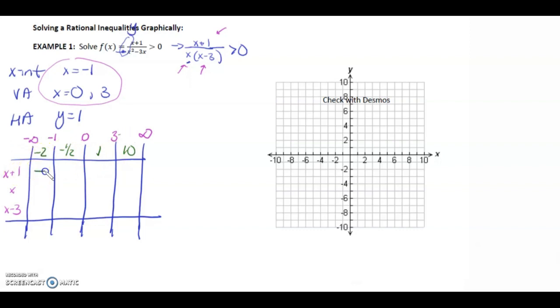Negative 2 plus 1 is negative. Negative 2 is negative. And negative 2 minus 3 is negative. So that's negative. Negative a half plus 1 is going to pull us into the positives. Negative a half is negative, and negative a half minus 3 is negative. So that's positive. 1 plus 1 is positive. 1 is positive. 1 minus 3 is negative.